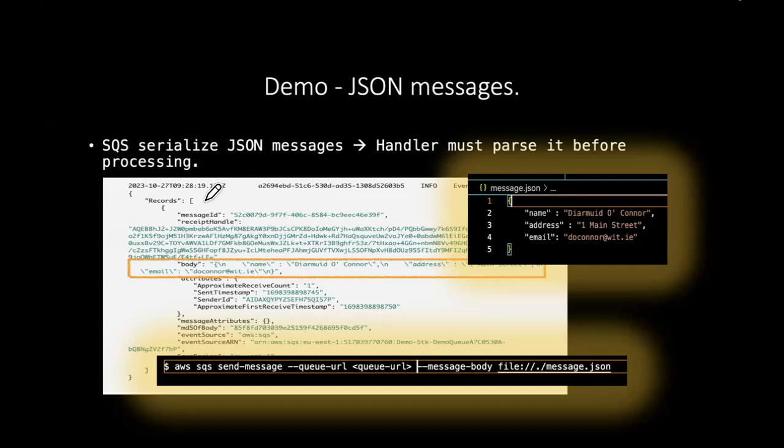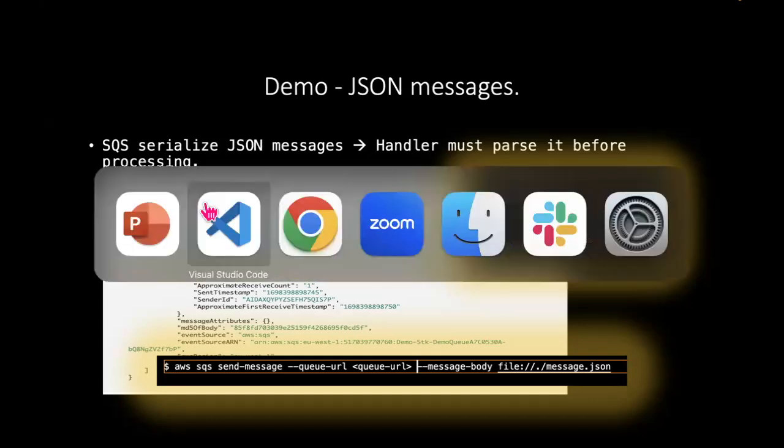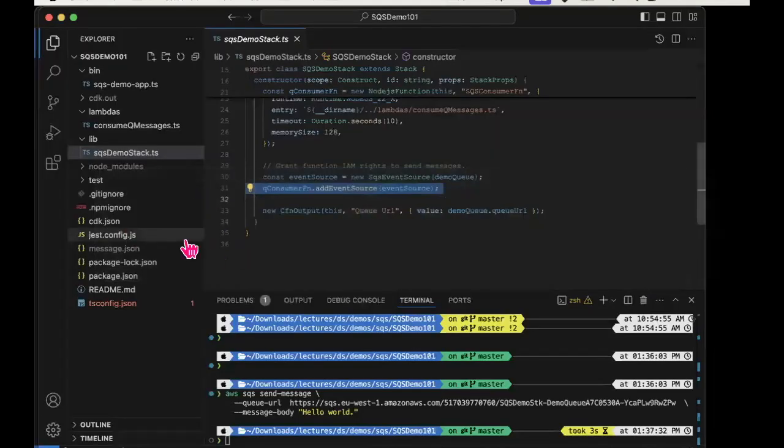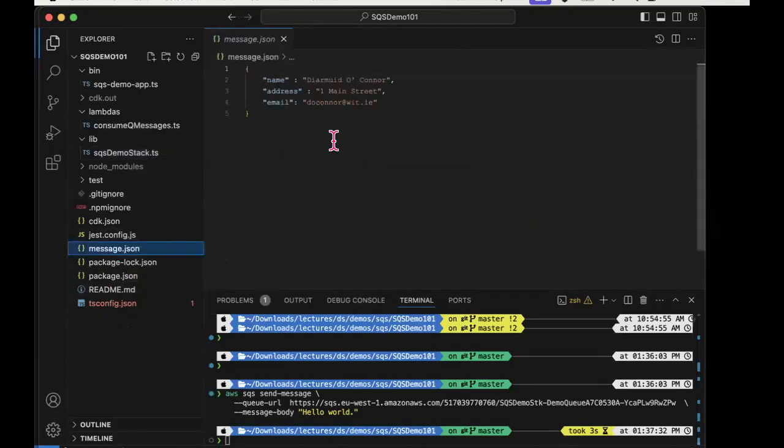Let's do a quick demo of that. So I've got a simple JSON file here, with name, address, and email. Supposing I want to send that JSON as a message into my queue.